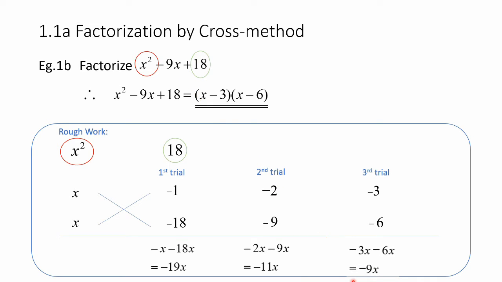After doing more exercise, you may even find the answer by mental calculations soon. For example, you may reveal that the coefficient of x, the minus 9, equals to minus 3 plus minus 6. Therefore, you will get the answer instead of listing all the trials.